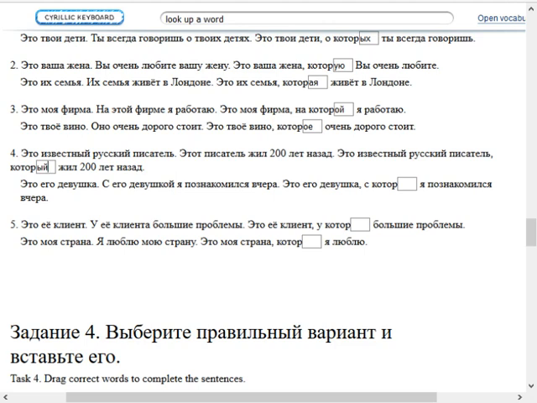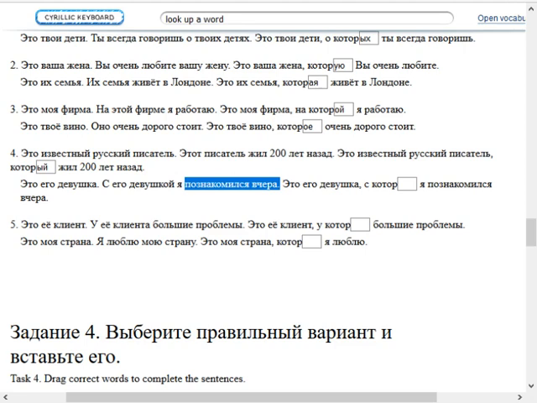Okay, fine. Это его девушка. This is his girl. С его девушкой я познакомился вчера. With his girl, I went on a date. Or let's just say met. I don't think this necessarily means went on a date with, but met with somebody at least.